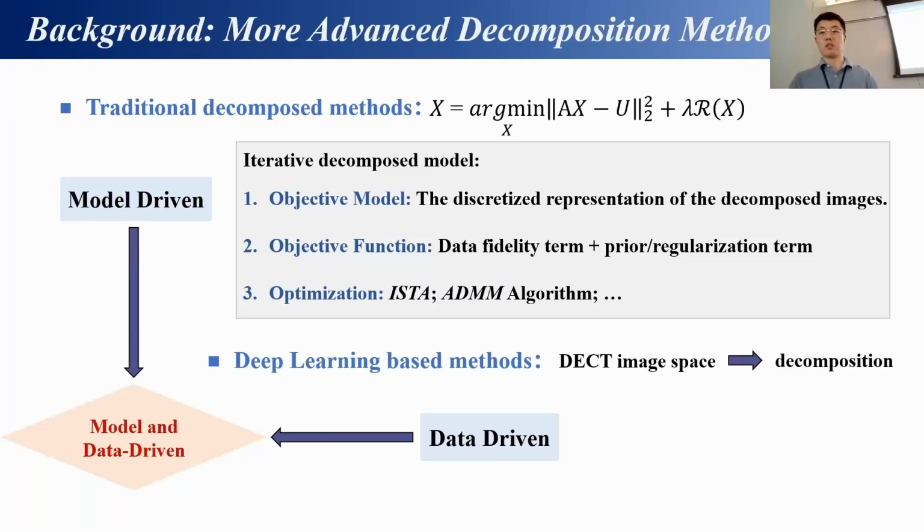It can efficiently avoid the ill-posed problem and the difficulty in parameter selection, but it faces the challenge of being unexplainable, and high quality paired samples are difficult to obtain. Motivated by this, we consider combining the above two methods and propose a model data coupling-driven material decomposition method to solve the current technical limitations.